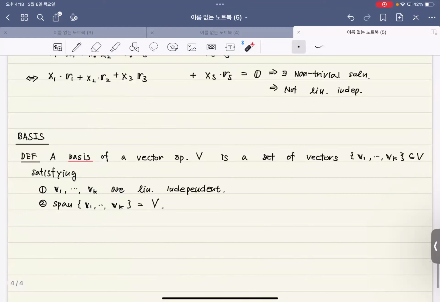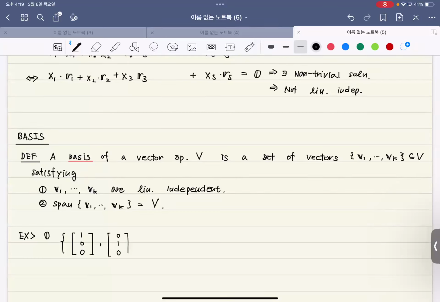Okay. I have these two standard unit vectors of R3.